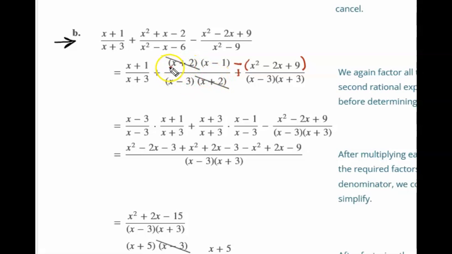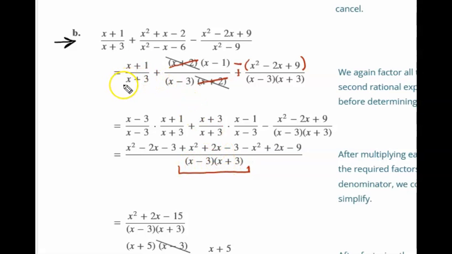The x plus 2's can cancel out. So instead of making this with possibly 3 different factors, we end up with only 2. So what's our least common denominator? It's this here.